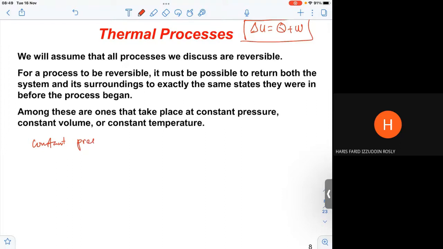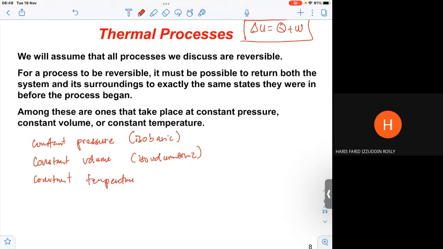pressure, which we also call the isobaric process, constant volume, which we also call isovolumetric, and then constant temperature, which is called isothermal, and lastly, all constant.